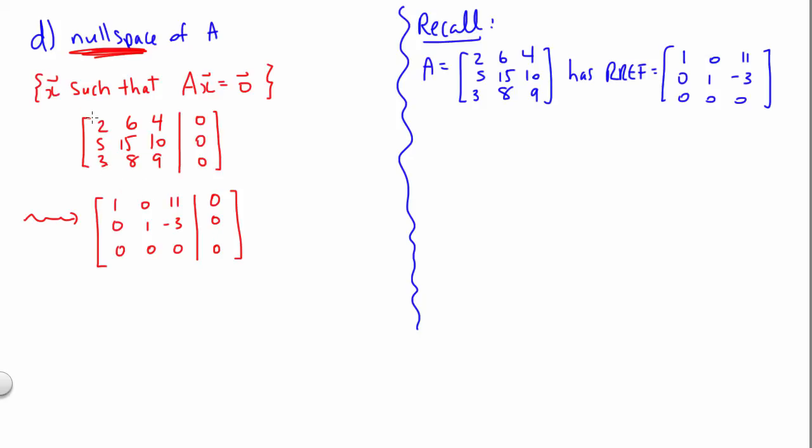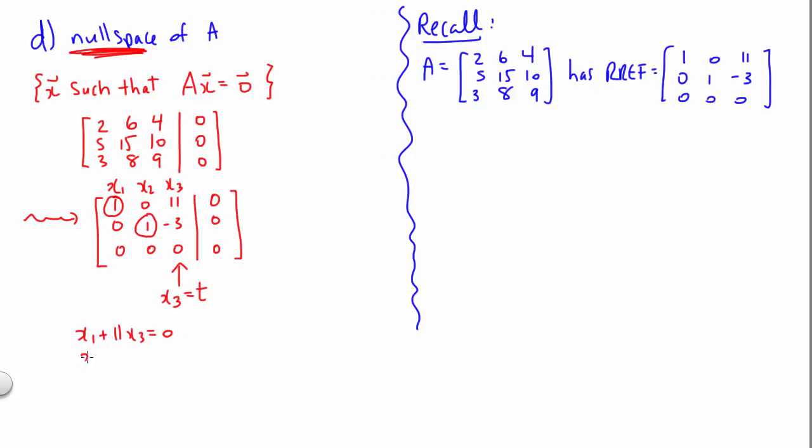Let's say that our vector x has components x1, x2, x3, so I'll just write those up at the top here. And we can identify our leading ones. We've got one column without leading ones in it. That would be the last column. So x3 is going to get a parameter here. x3 is equal to t. Our top row tells us that x1 plus 11x3 is equal to 0.